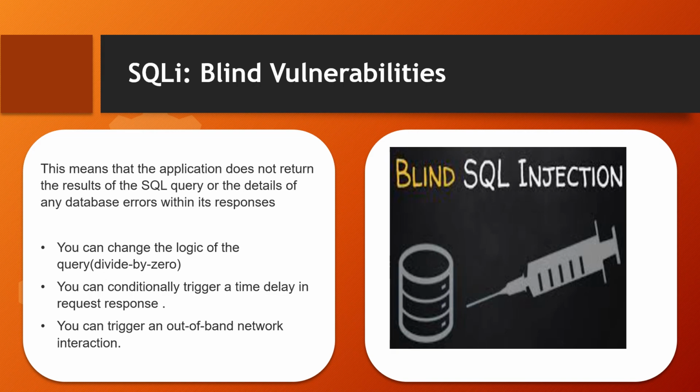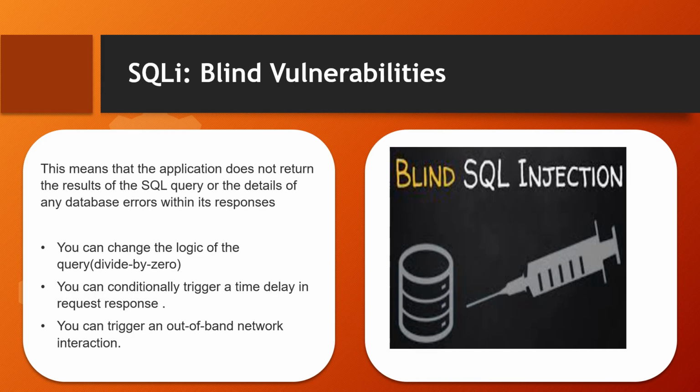Then the blind vulnerability, this is very important and generally attackers try to do it. This means the application does not return any result or data, so this is not a SELECT statement. They just try to destroy the logic. They try to delay the request response time, like when you click a button and the response is delayed from the server.